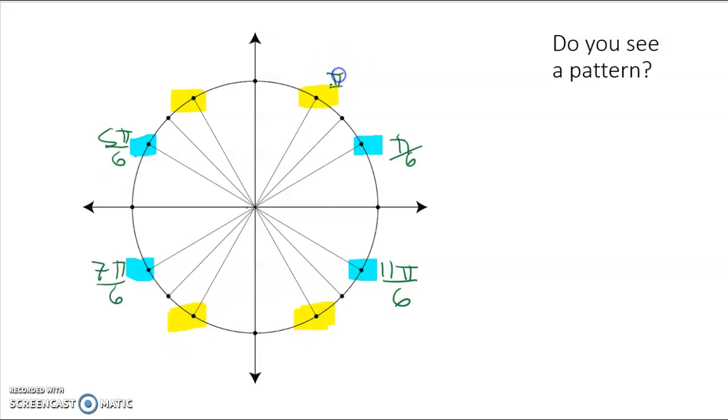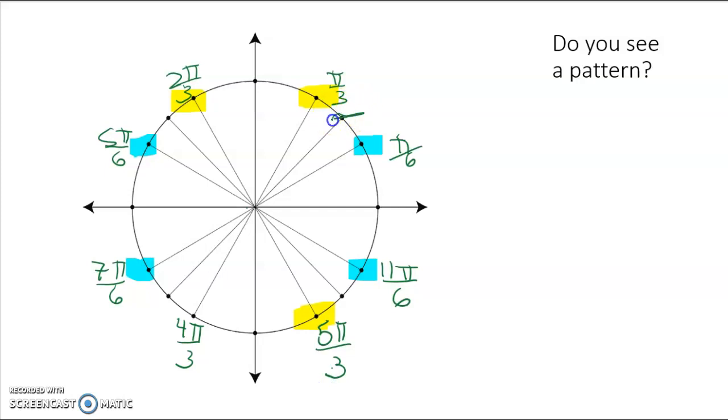So here we're at pi over 3, 2 pi over 3, oop, I'm sorry, I think I just did that exact same one again. 4 pi over 3, and 5 pi over 3.